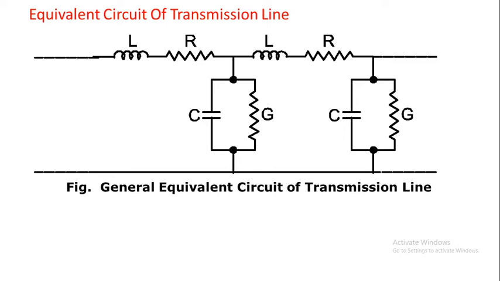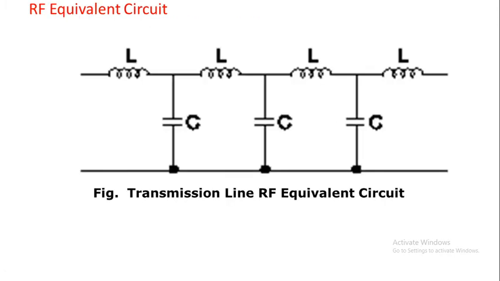If I take a finite length and draw the equivalent circuit diagram, R and L come in series, and G and C, that is conductance and capacitance, are in shunt, for each section, and there are n such sections in a transmission line. So this is the equivalent circuit diagram of a transmission line.